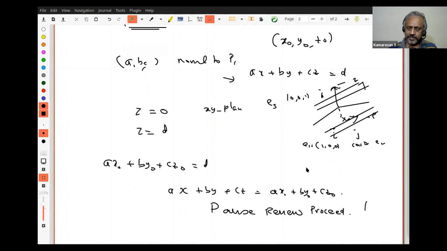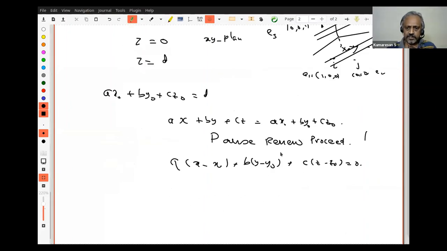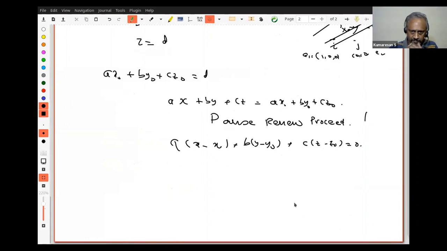Then the equation of the required plane is ax plus by plus cz equal to a x naught plus b y naught plus c z naught, which is the same as saying a into x minus x naught plus b into y minus y naught plus c into z minus z naught is 0. Please say yes if you understand. This is three-dimensional coordinate geometry. That's what I tried, to put a little more geometry rather than algebra.